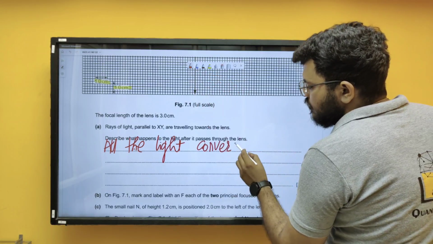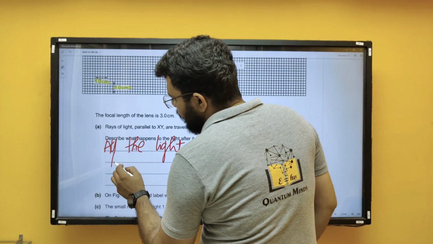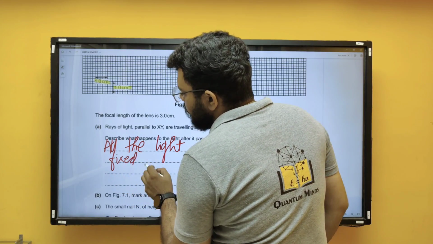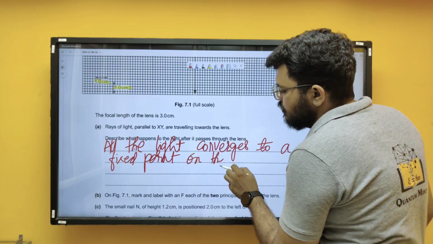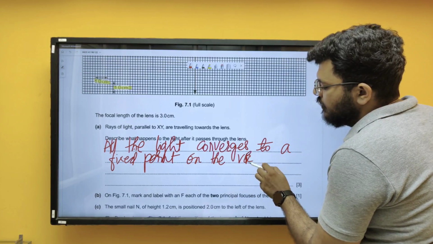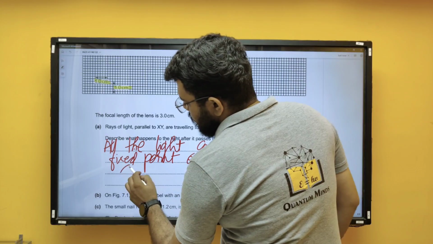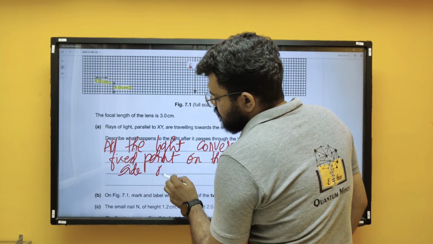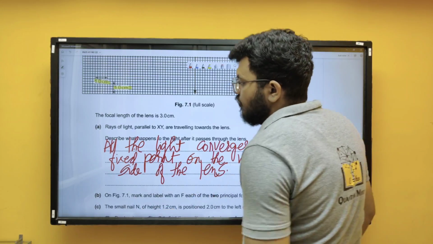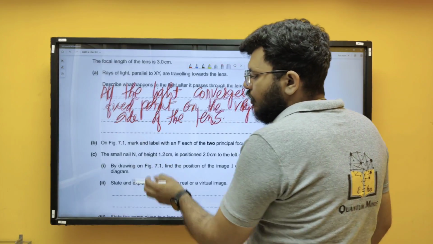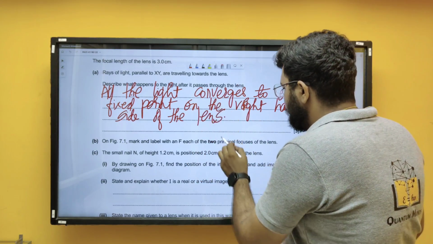It converges to a fixed point on the right hand side of the lens. Okay, next. On figure 7.1, mark and label with an F each of the two principal focuses.